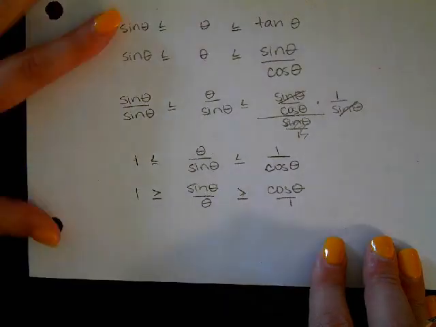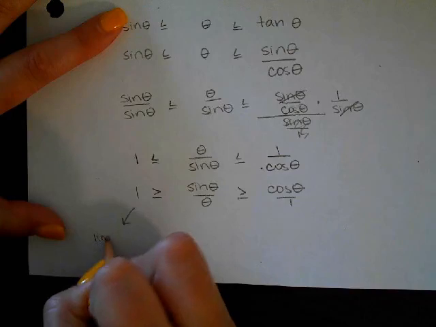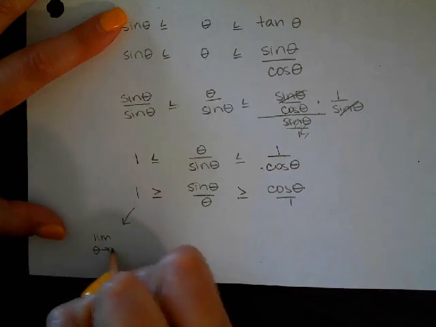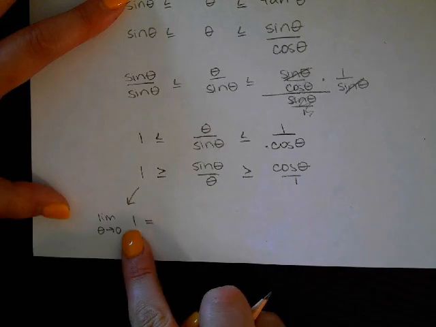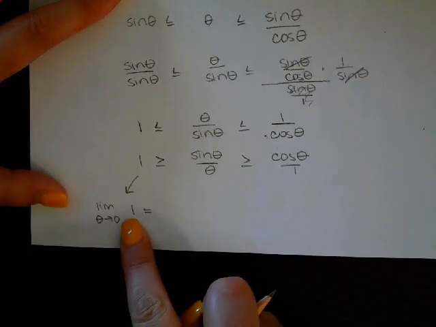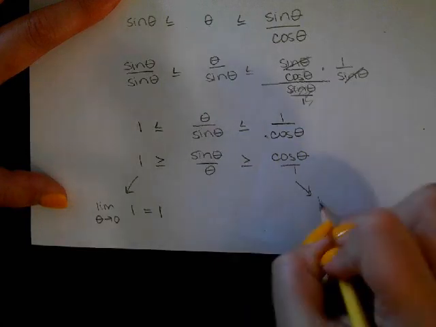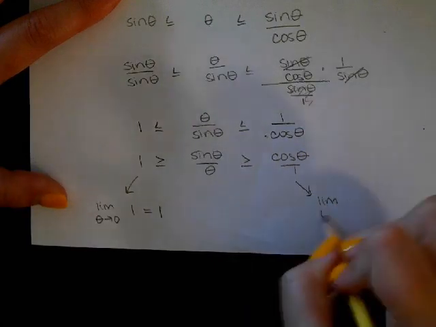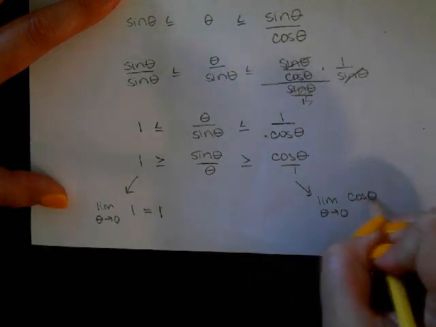So the limit as theta goes to 0 of 1 is what? Is there a place to plug in 0 for theta? No, so what's the limit? 1. The limit as theta goes to 0 of cos theta is 1.